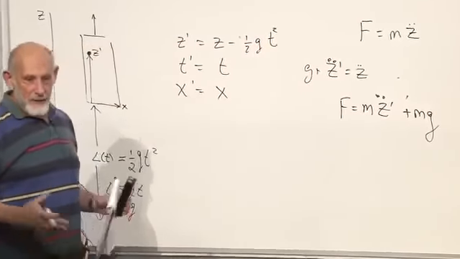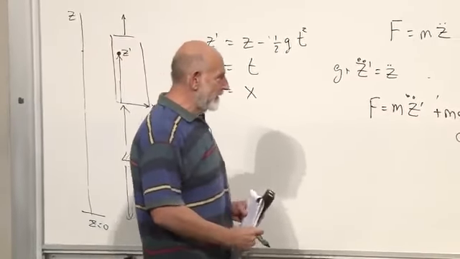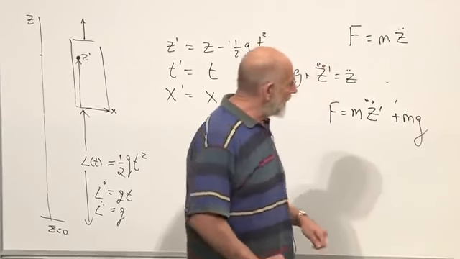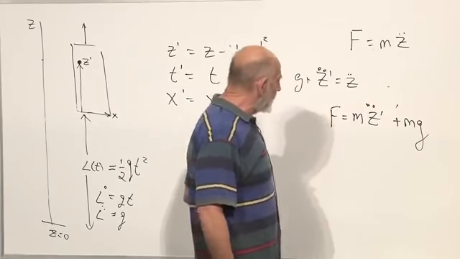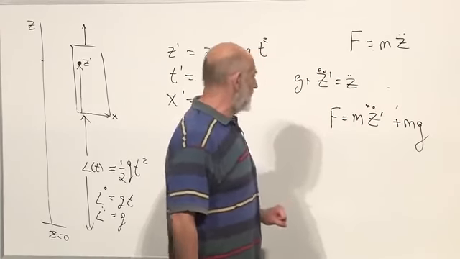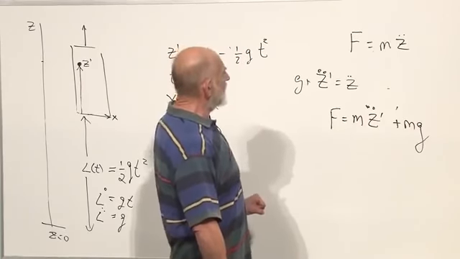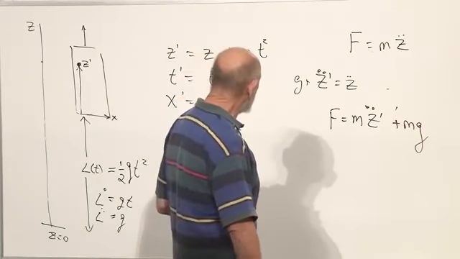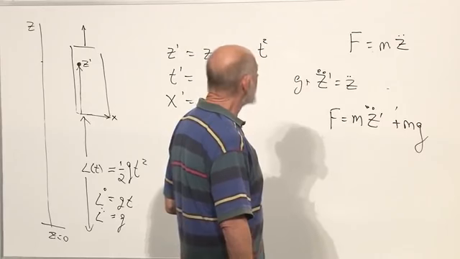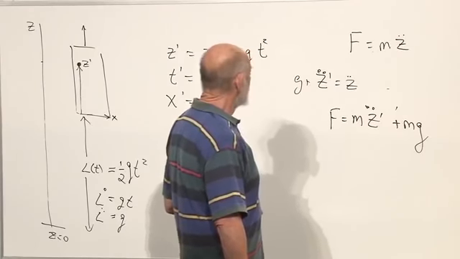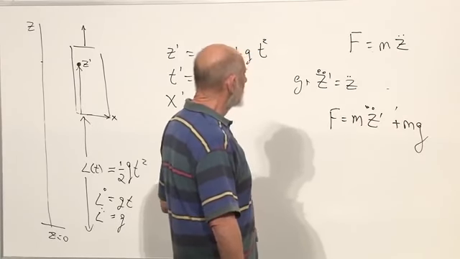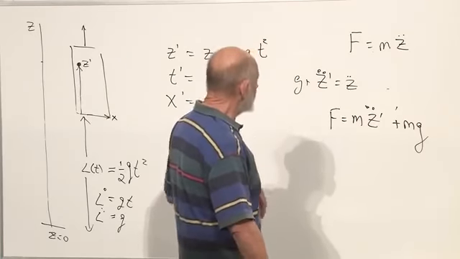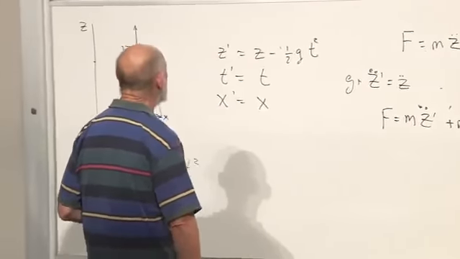And so we find, as expected, of course, there's nothing here unexpected, that in the primed frame of reference it looks like, oh, do I have something wrong? Somehow I think I have the wrong sign. Minus g, must be minus g. What did I do? Did I do something wrong?